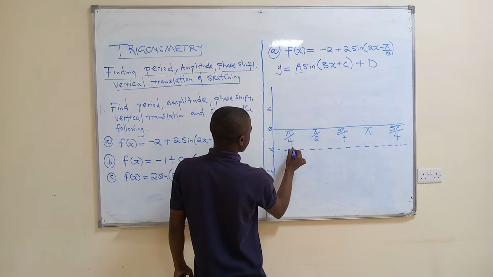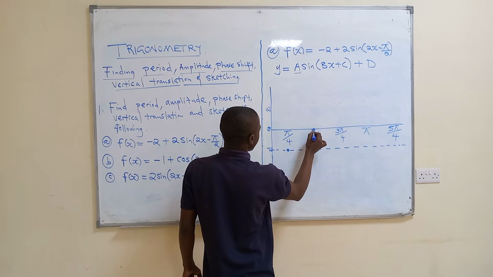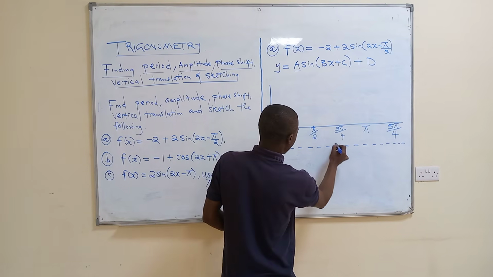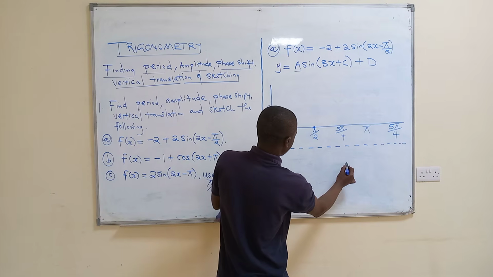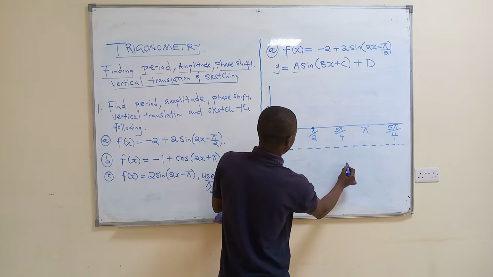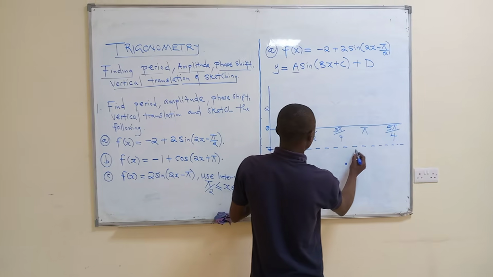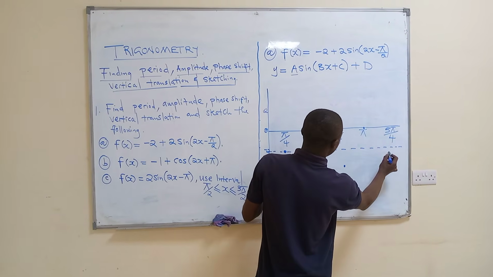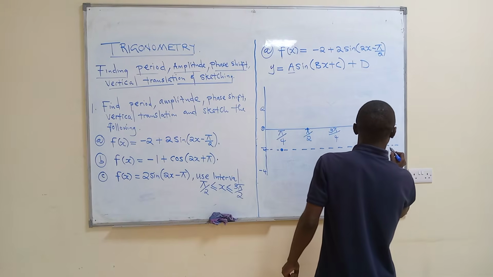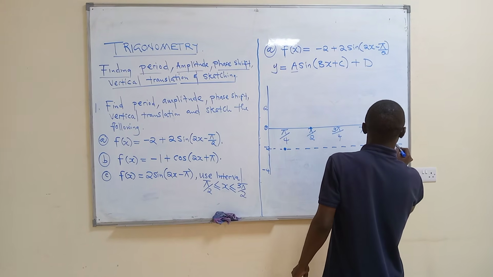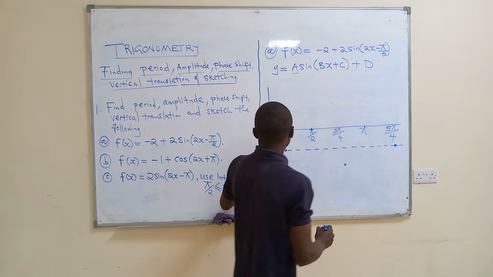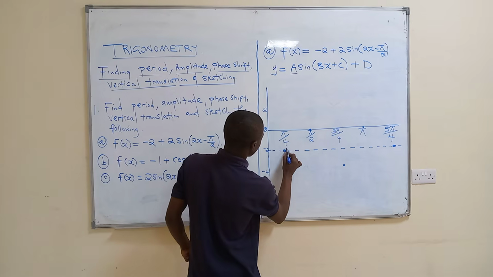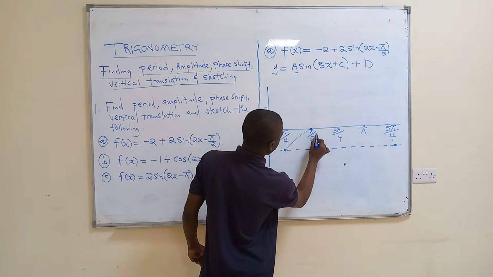From there, it is going to move to the maximum, which is the upper limit. From there, it is going to come down here to the lower limit, which is negative 4. From there, it is going to move to the maximum and then comes back to the asymptote, which is the vertical translation. So if I extend this line and join these two coordinates, it's going to be like this.